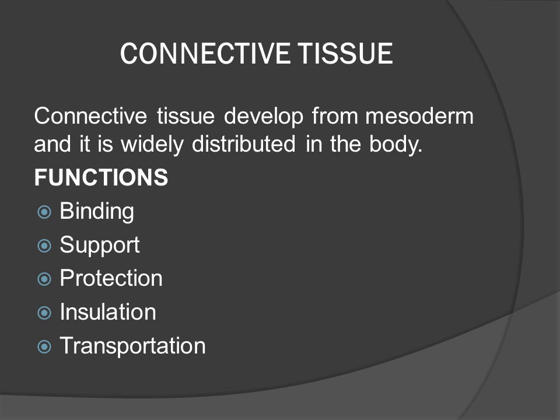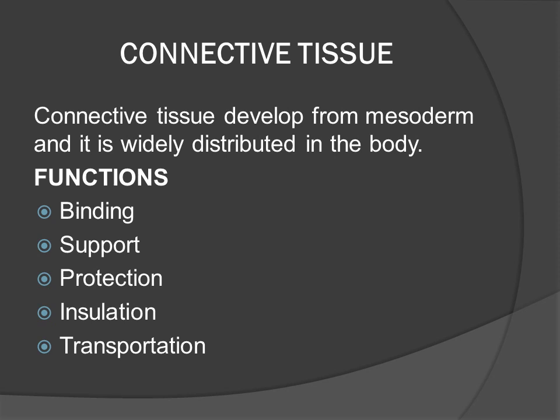Connective tissue develops from mesoderm. Do you remember the mesoderm? The embryo consists of 3 layers: ectoderm, endoderm, as well as mesoderm. From this mesodermal layer only, connective tissue develops.